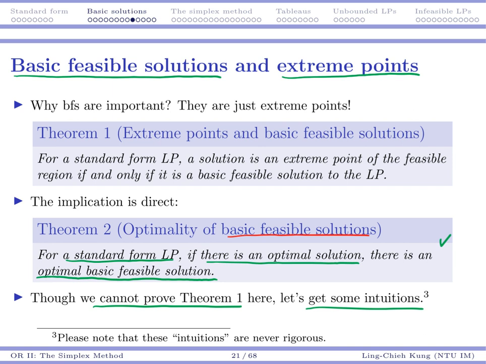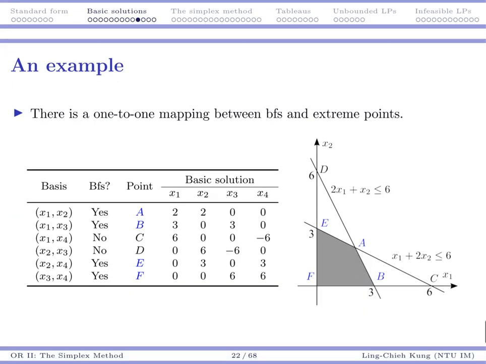Let's take a look at some graphs to give you that intuition. Of course, you know that intuitions are never rigorous, but at least they help us understand what we're talking about and give us some insights. So our example is still this one. Our original formulation says that 2x1 plus x2 should be less than or equal to 6, and x1 plus 2x2 should be less than or equal to 6.